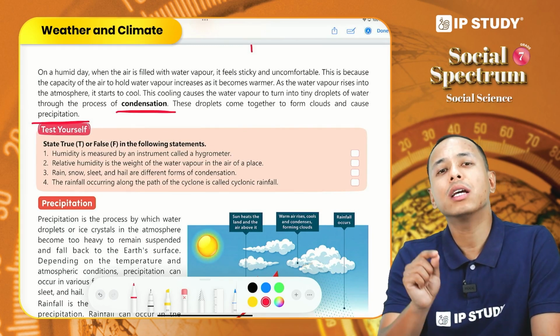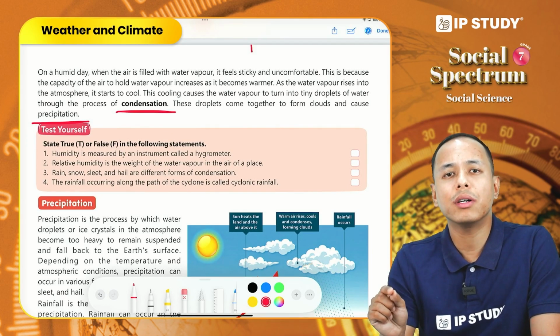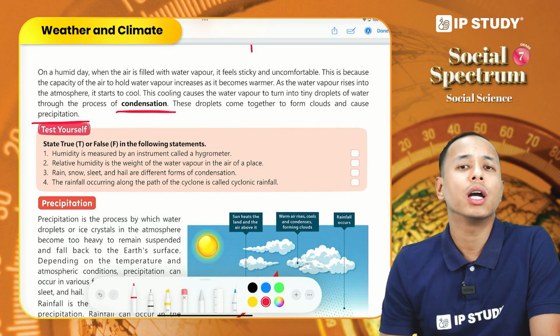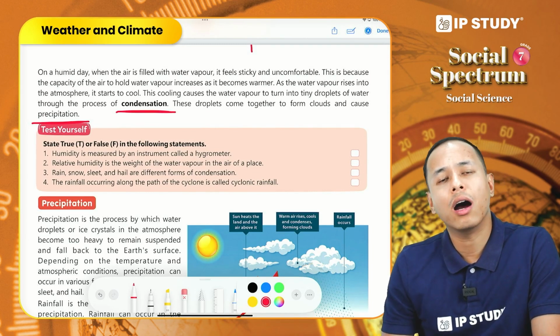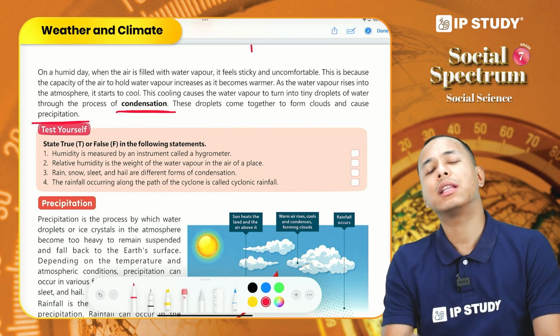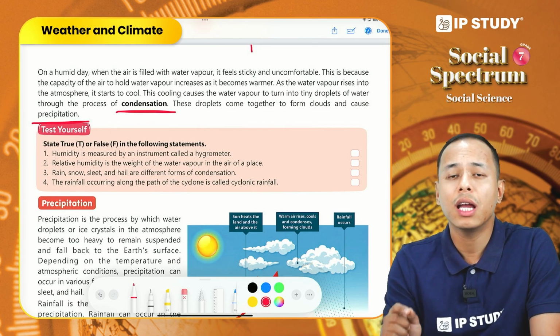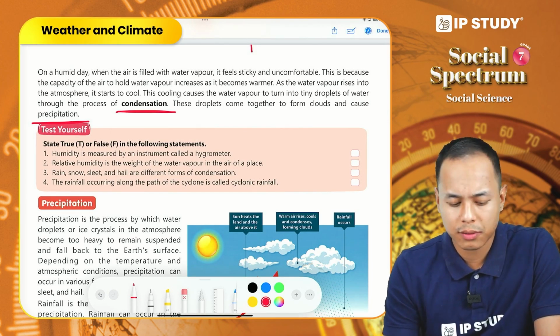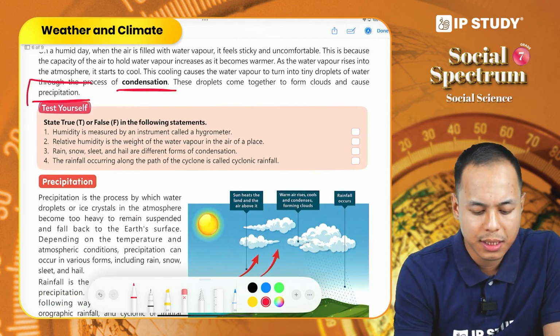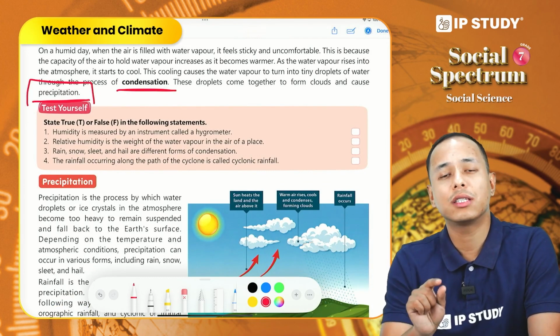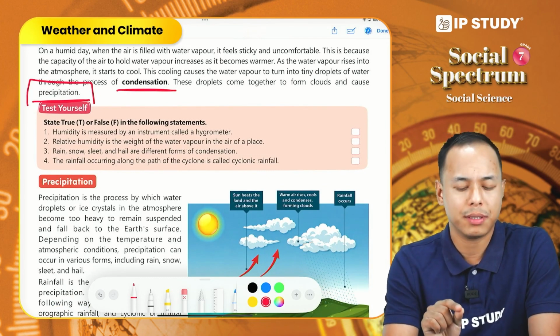When condensation happens, this water vapor or moisture converts into ice crystals or water droplets. And when these water droplets become heavier, they fall down to the surface of the earth as precipitation. So this is the process of condensation and precipitation.